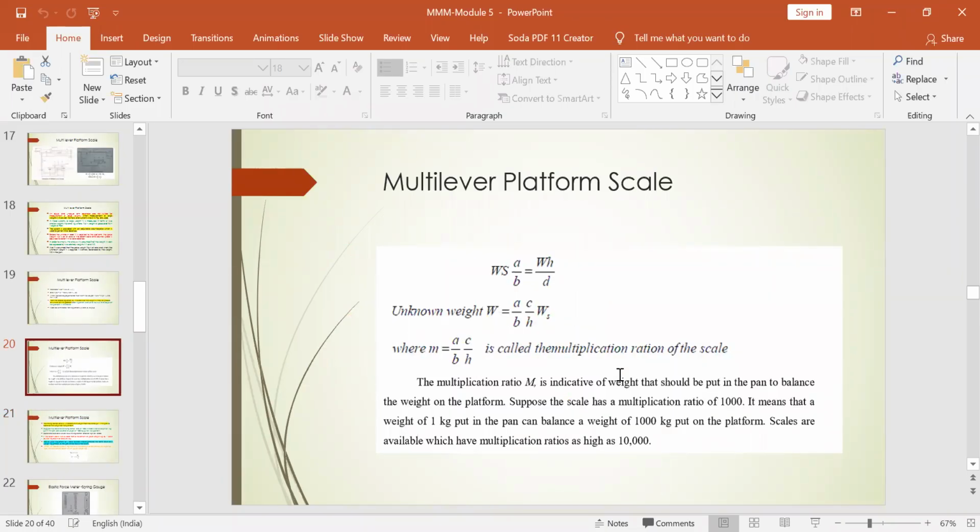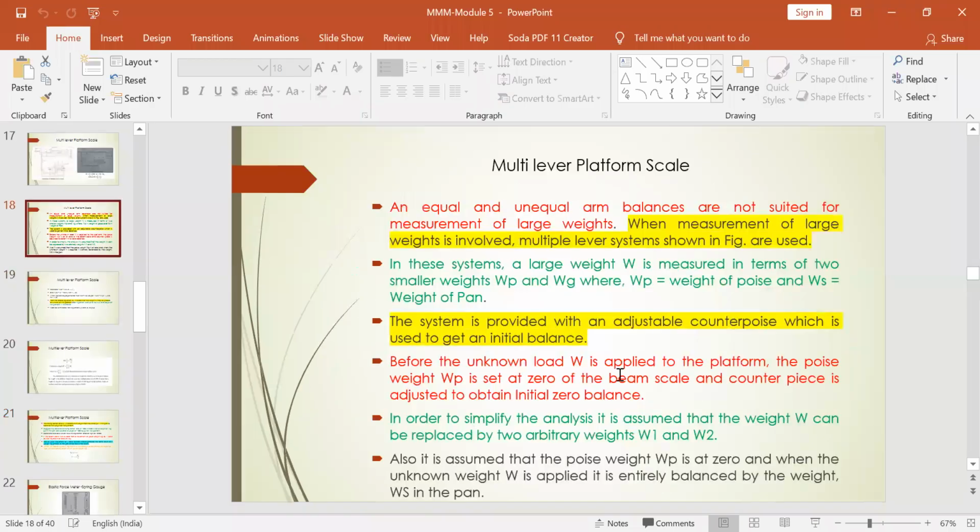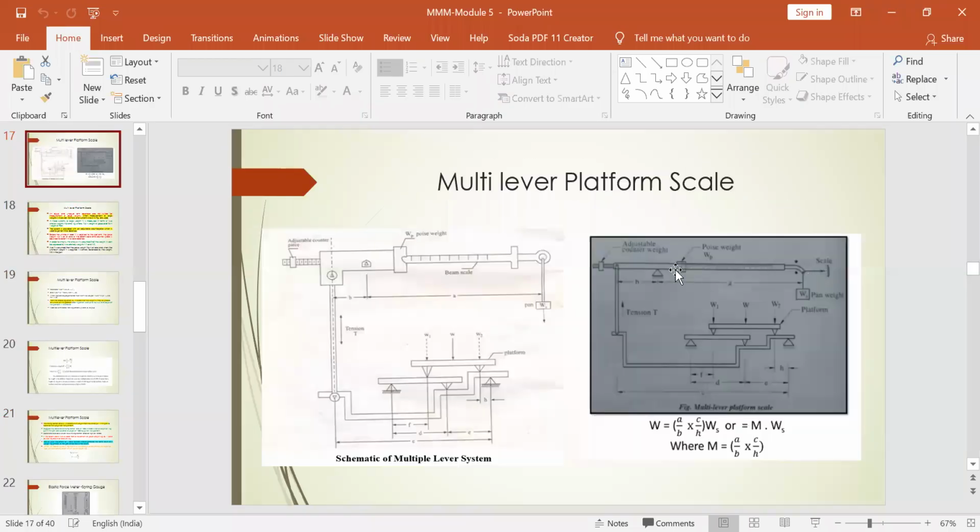So if it is showing 1 kg, when you add some other weight on the poise, it has to show that variation in the poise weight as well. This variation on the scale keeps on moving as you vary the load added on the platform. If you add 10,000 weight here, accordingly you should add 1000 kg on the pan weight.